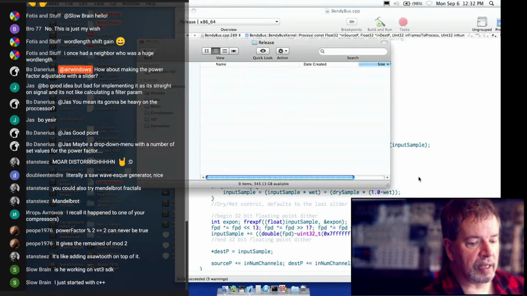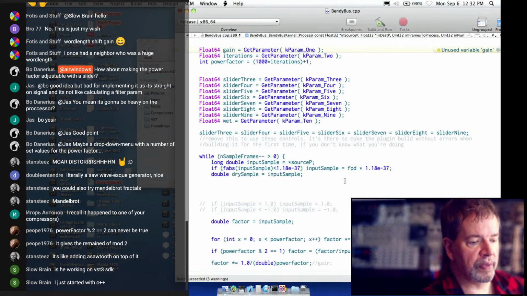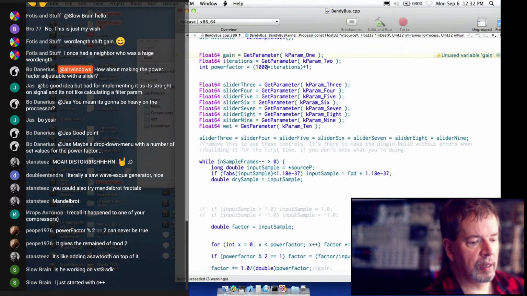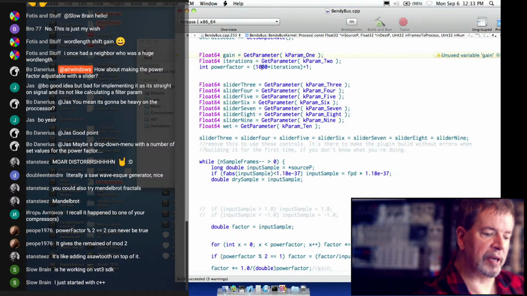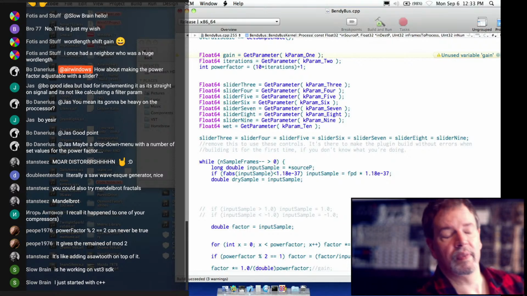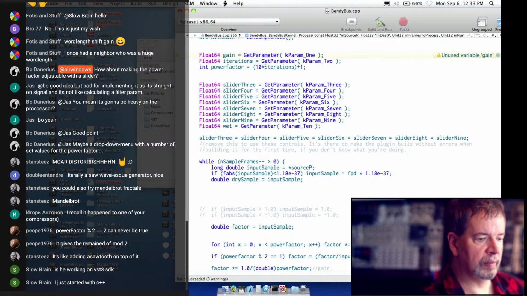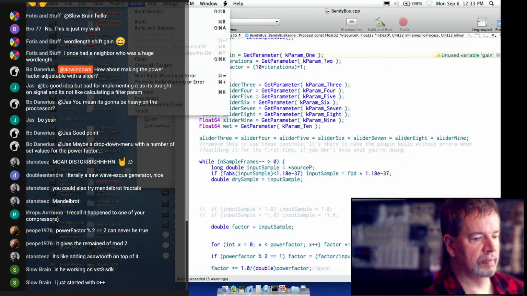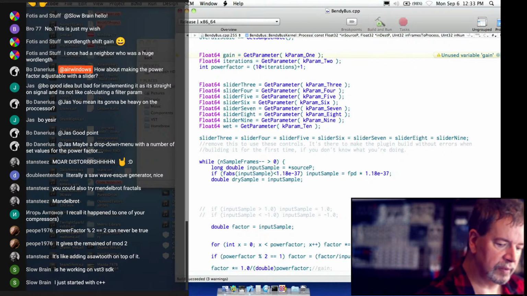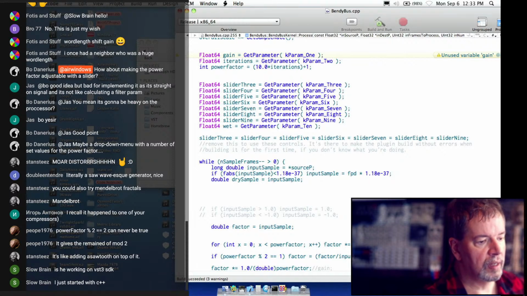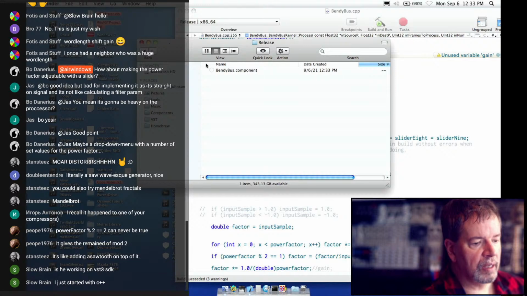But this is, oh, I wanted to do something else too. Let's do a maximum calculation of only 10. That is, in fact, an unused variable. You are quite correct, compiler.